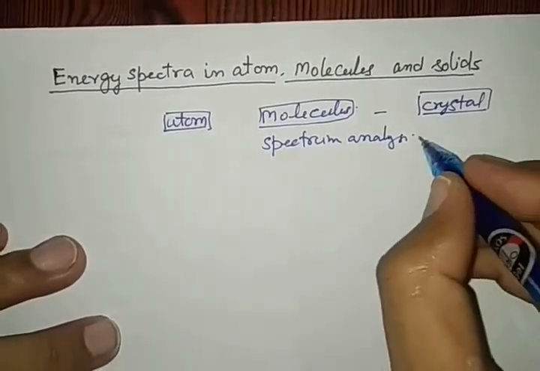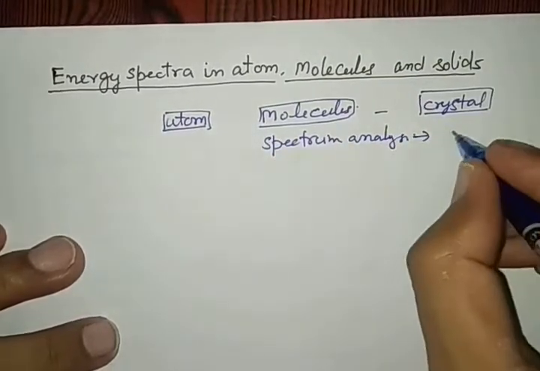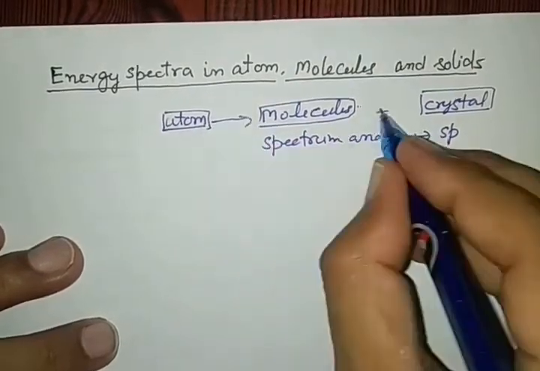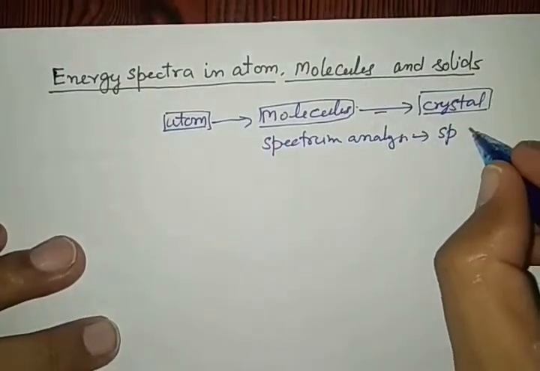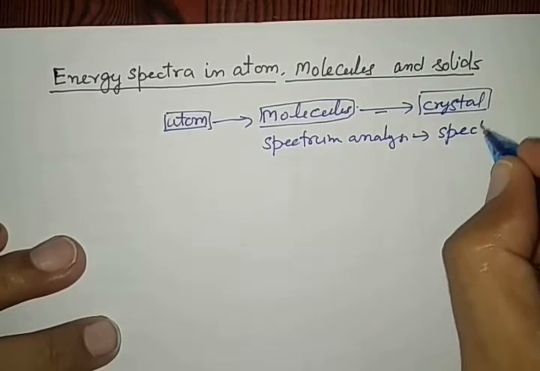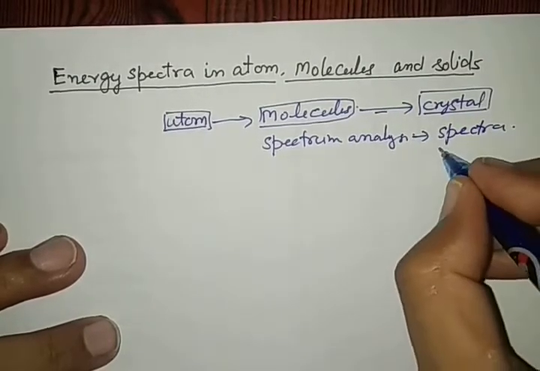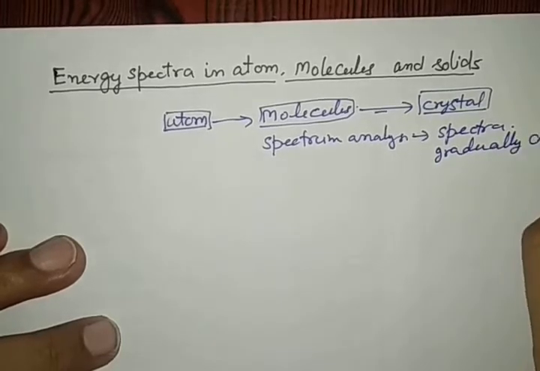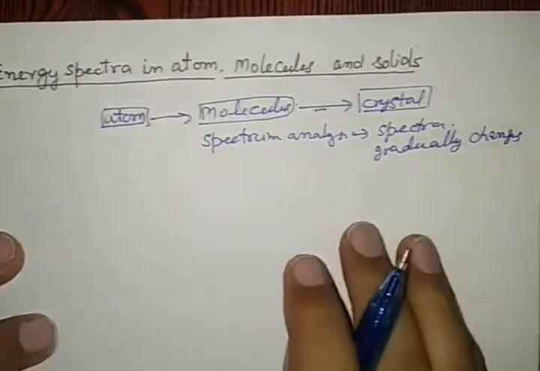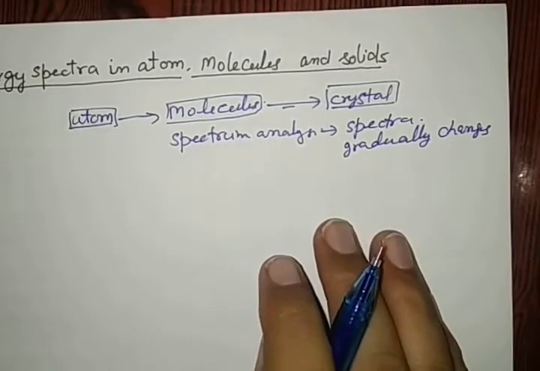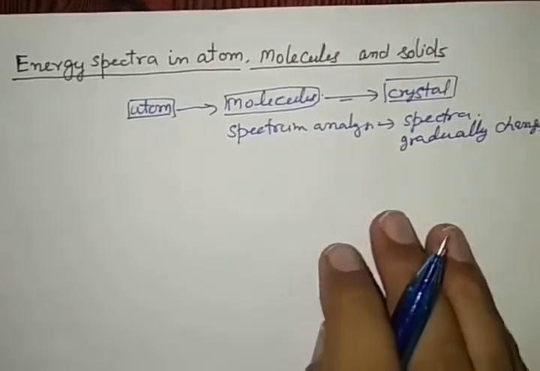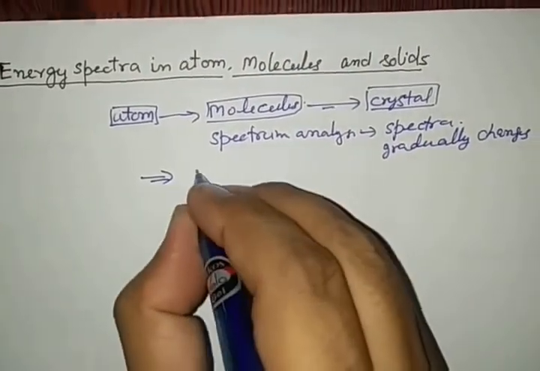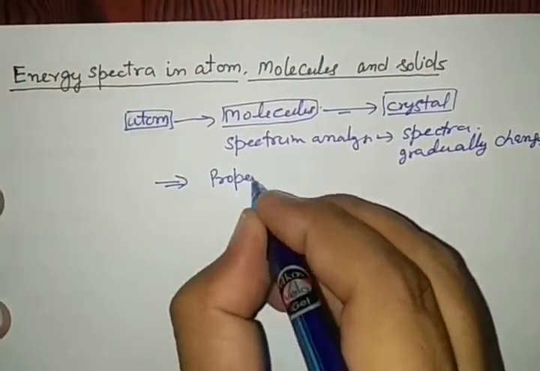Then we observe that the spectra gradually change when we move from atom to molecule or molecule to crystal. What does it mean that the spectra gradually change? It indicates that properties change.